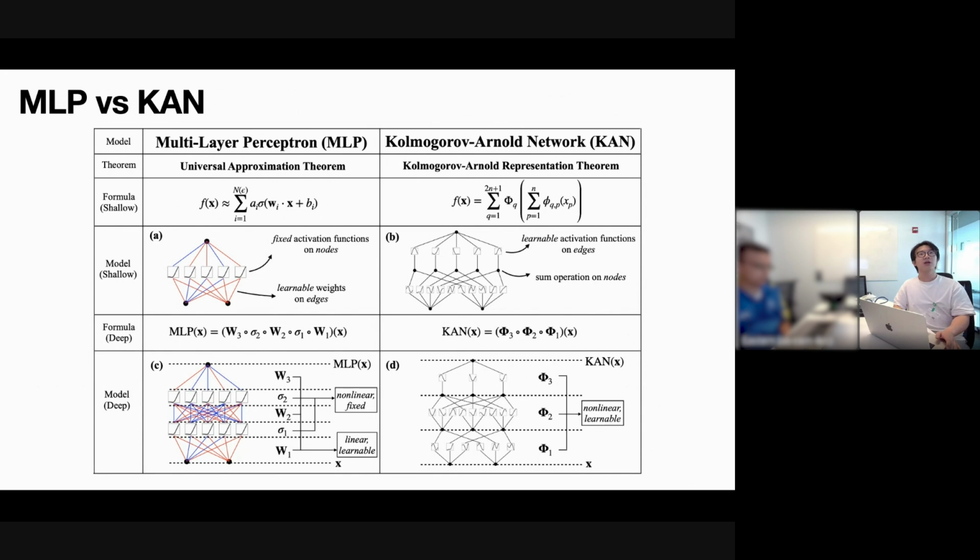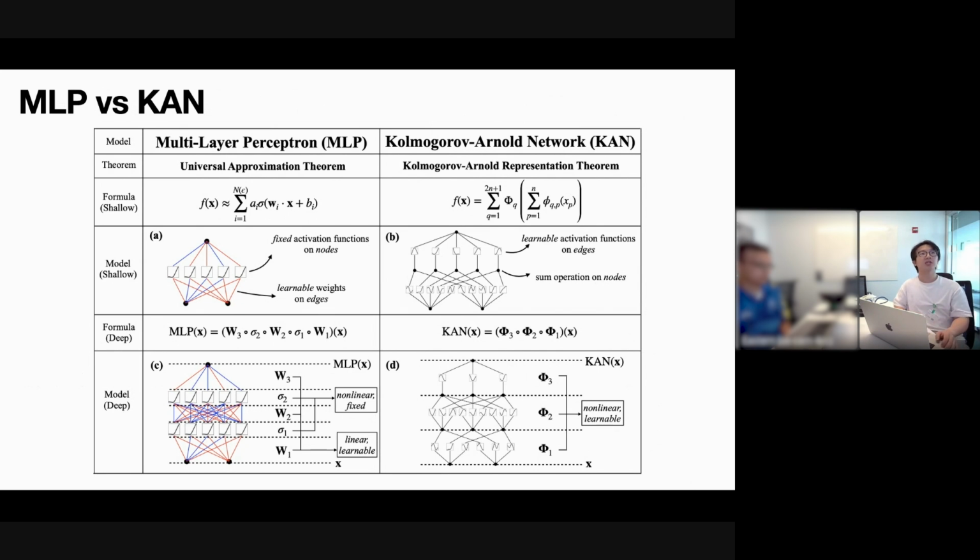All right, so once we understand what CANs are, we can now compare MLPs and CANs side by side. MLPs are inspired by the universal approximation theorem, while CANs are inspired by the Kolmogorov-Arnold representation theorem. So they basically come from two different math theorems that guarantee the universal approximation property of these representations.